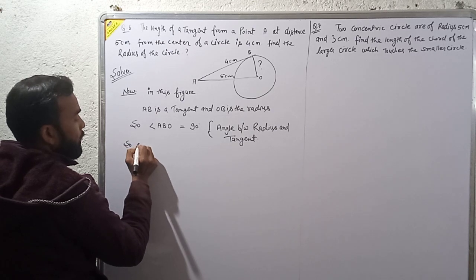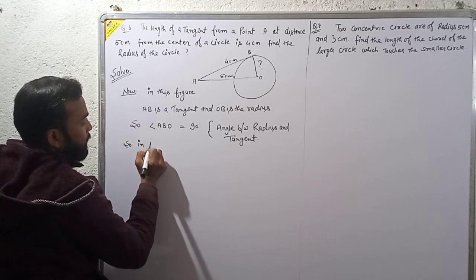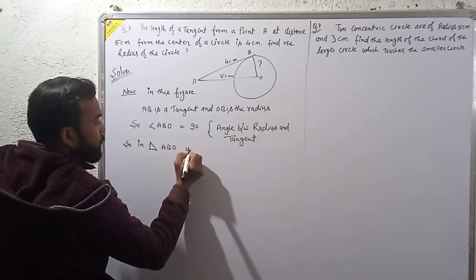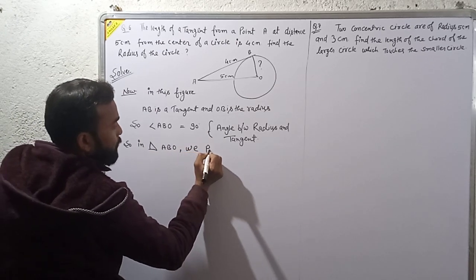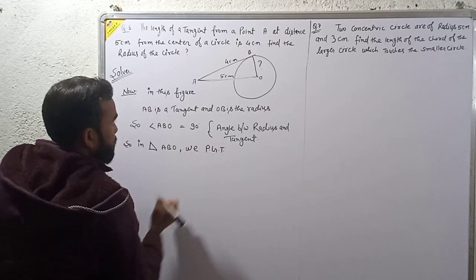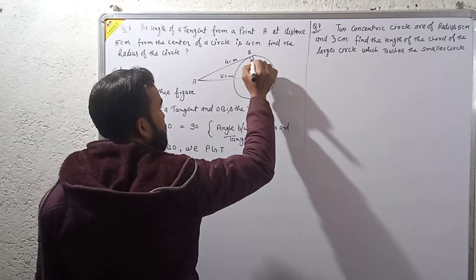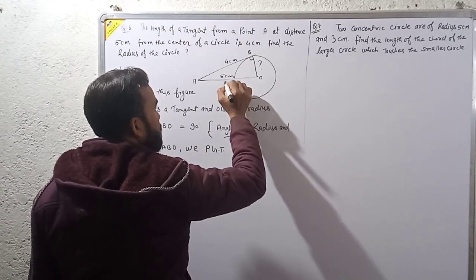So in the right angle triangle ABO, we use PGT. According to this angle, this will be the hypotenuse.